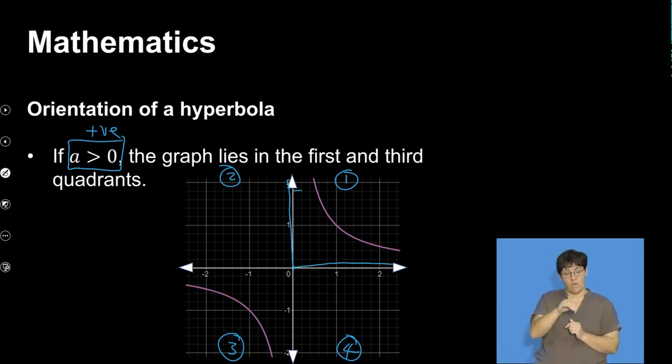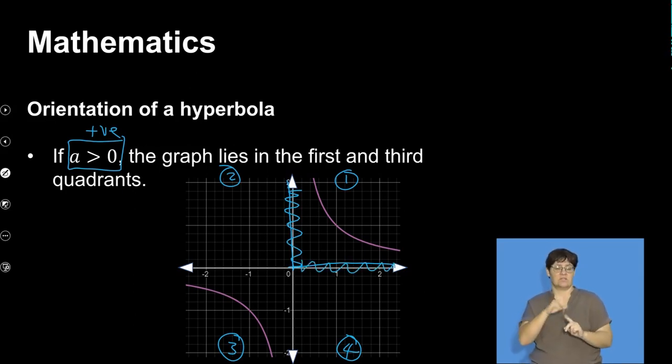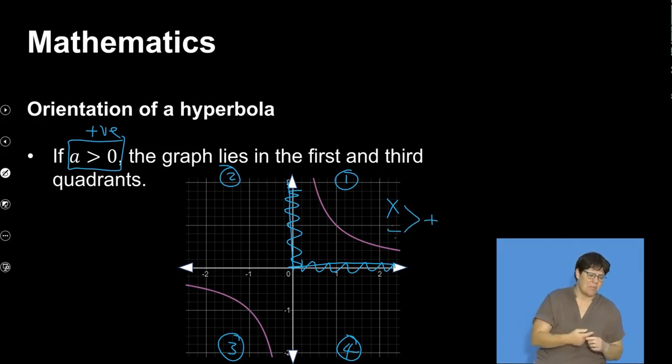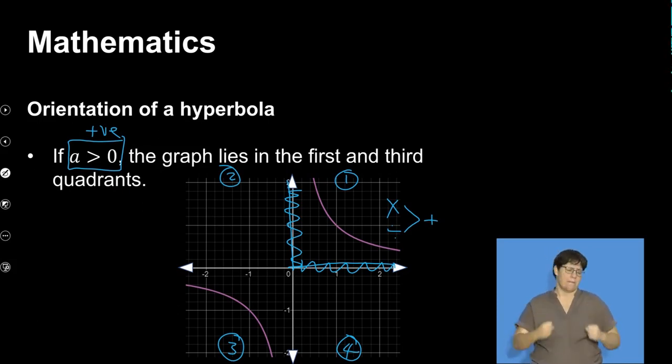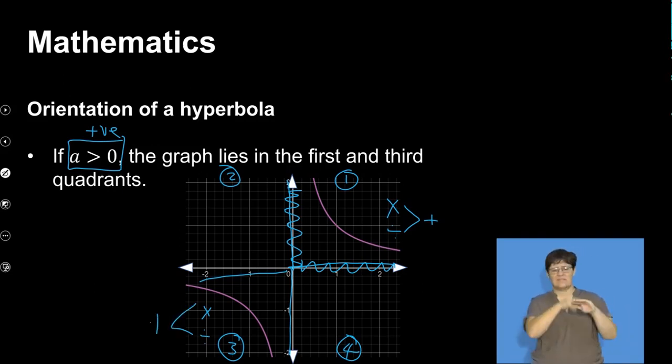Why? Because the y values here are positive and the x values here are positive, so either when you multiply them or divide them, you will always get a positive answer. Even with the third quadrant, because the y values are negative and the x values are also negative, when you multiply or divide them, your answer will always be positive. So that's why the graph will lie in the first and the third quadrants.